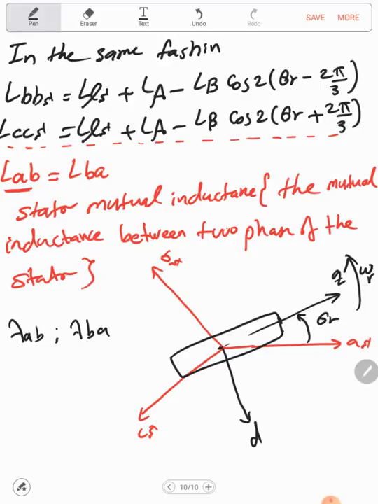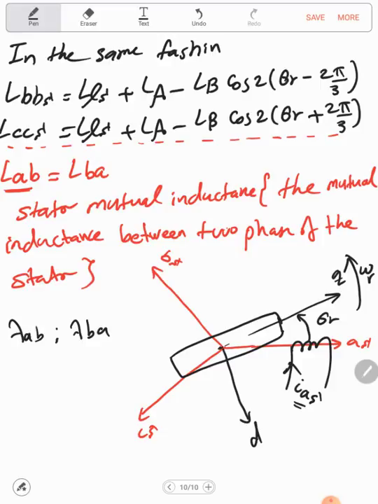Here, let's assume that I'm injecting a current in the A phase direction. So this will be IAS. Then I will measure the flux in the direction of the B. Then I will divide it over IA in order to find the mutual inductance between phase A and phase B.